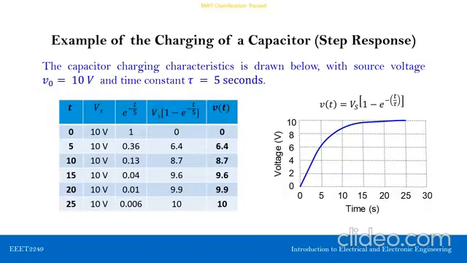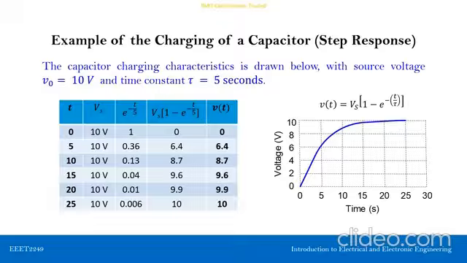In the table, we see that when t is 0, V(t) has been calculated as 0. T is 5, V(t) is 6.4. T is 10, V(t) is 8.7. T is 15, V(t) is 9.6. T is 20, V(t) is 9.9. T is 25, V(t) is 10.